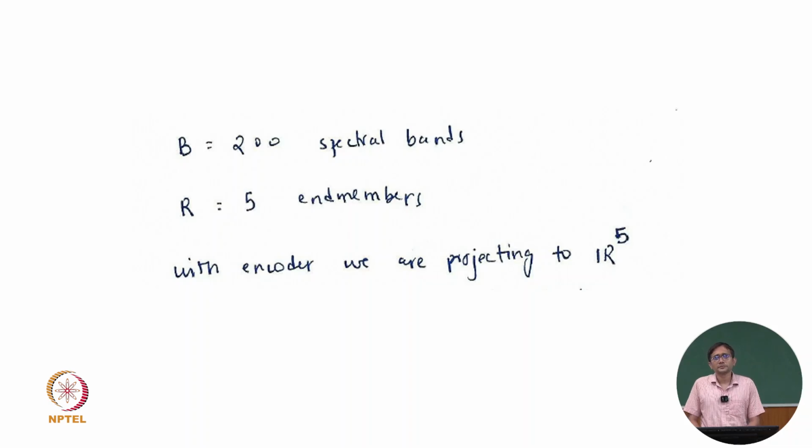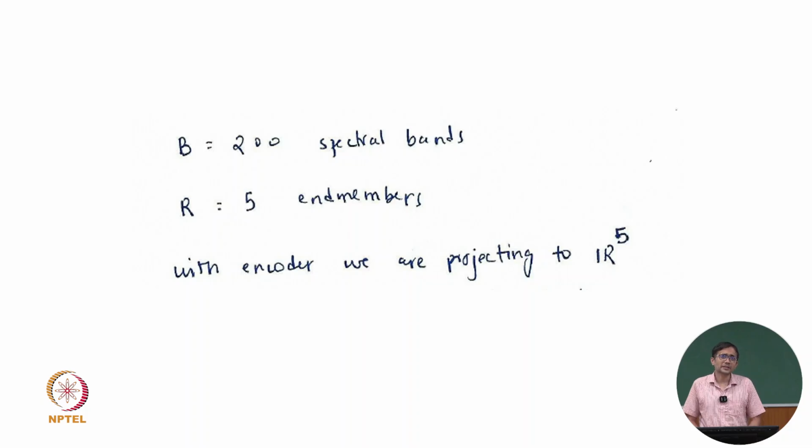So think of it like this: we have 200 spectral bands, and let's say we have 5 end members. With the encoder, we will be projecting to R5.